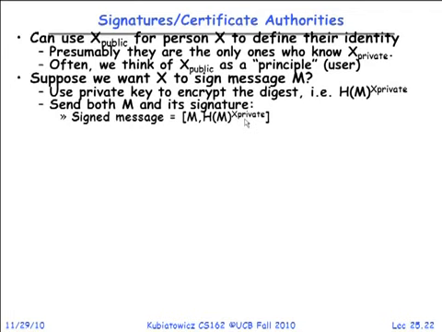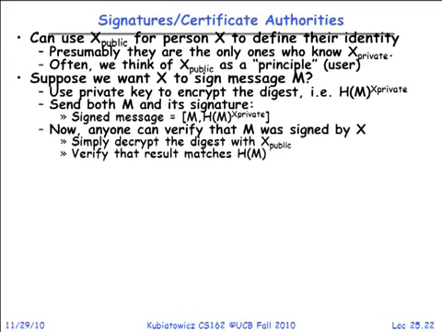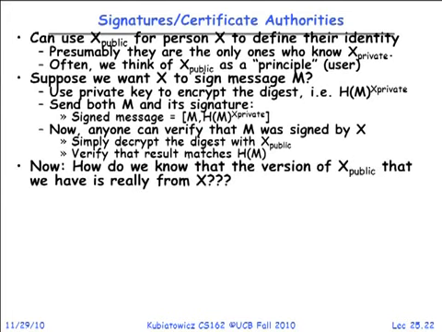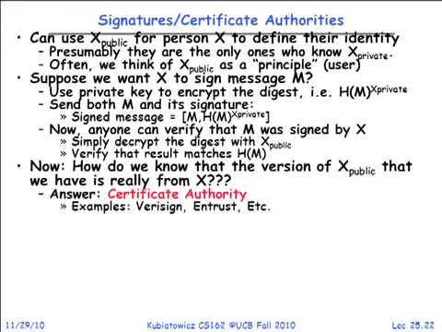Now, that's what that says. So how do we know that X public really came from X? This is the whole thing that we haven't answered up till now. One answer is the certificate authority. Examples you've all heard of: VeriSign, Entrust. There are 60 or 70 of these. They are organizations that hand out certificates.